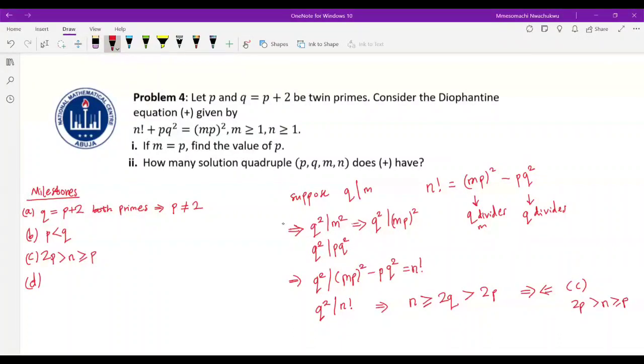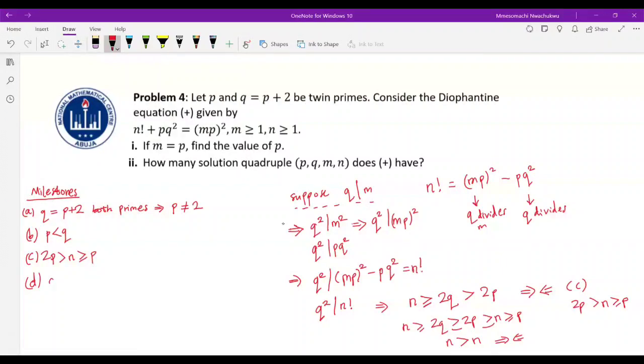If we complete this, we have that n is greater than or equal to 2q, greater than 2p, which is bigger than n, which is bigger than or equal to p. So we get that n is bigger than n, which is a contradiction. So it implies that our assumption was wrong.